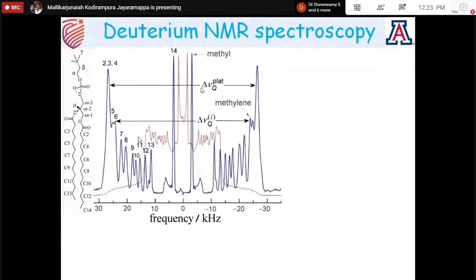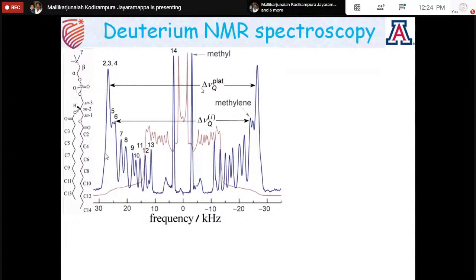Please remember that though I am considering this entire lipid assembly, it is like a bulk material. By making solid state deuterium NMR spectroscopy, I can get minute details corresponding to individual atoms present in the entire molecule.